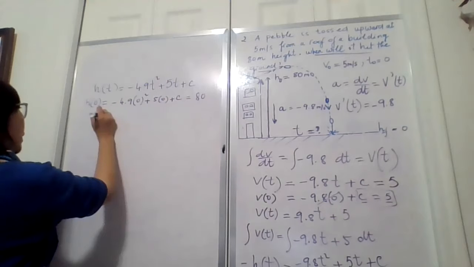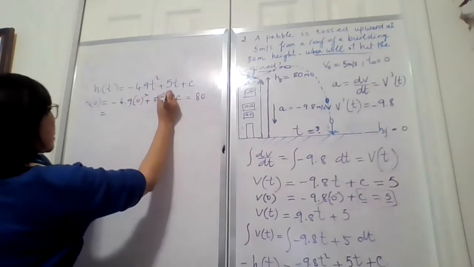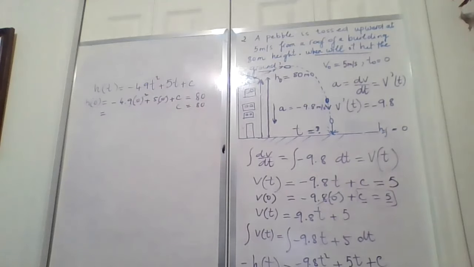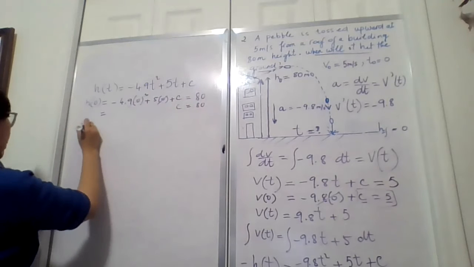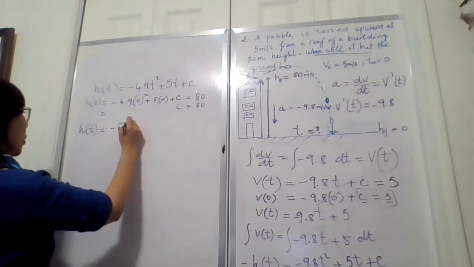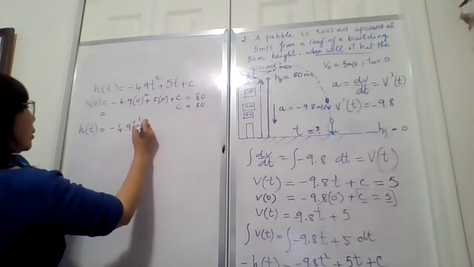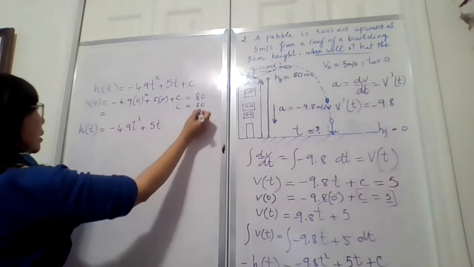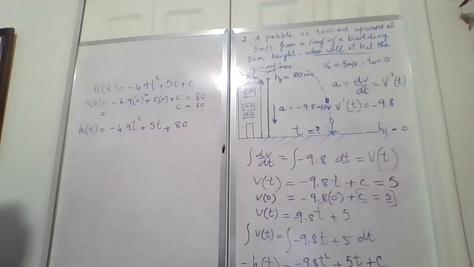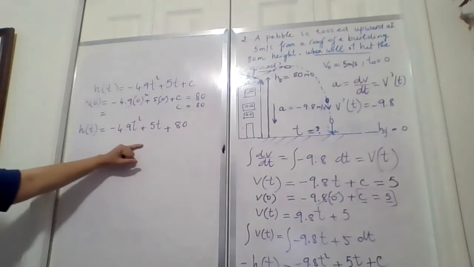So now calculate it: everything becomes 0, so our c equals 80. Now we write back the equation: h of t equals minus 4.9 t squared plus 5t plus 80. This is our position function.